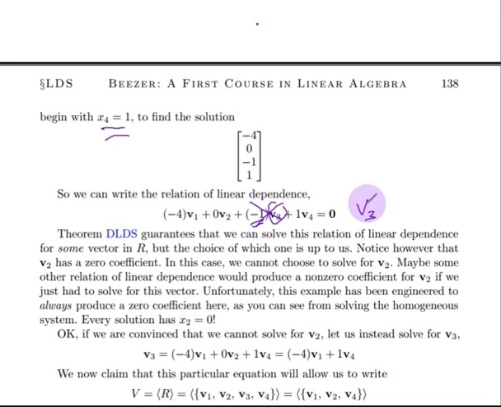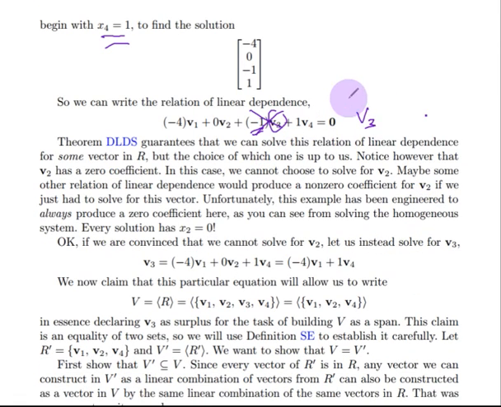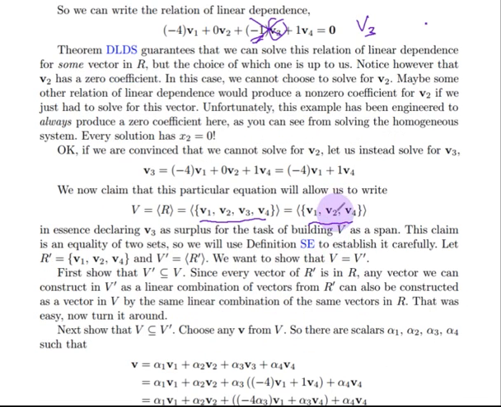And the claim is that this V3 is unnecessary in the set. That if I take the span V1 through V4 and I throw out V3, then I still have the same span. So that's what we want to show, that this V3 is unnecessary, because V3 can be written as a combination of V1 and V4.